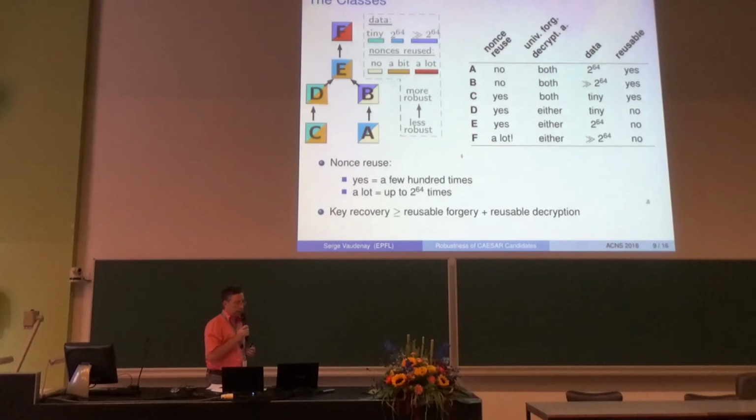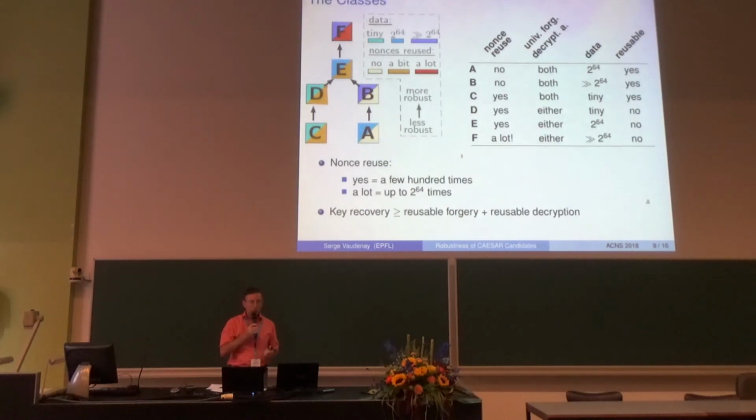Okay, so these are the types of attacks, and here are the classes of algorithms that we find. We have the classes A, B, C, D, E, F. Essentially, to have a good algorithm, you should be in the upper class, class F. Algorithms in the lower ones are not so good, let's say. In classes A and B, we have some algorithms which are vulnerable to nonce reuse attacks.